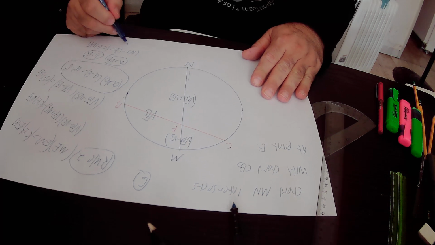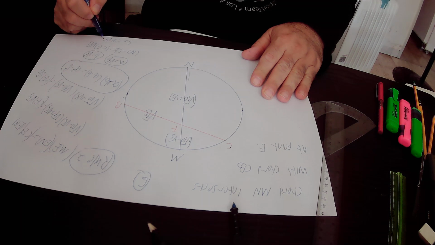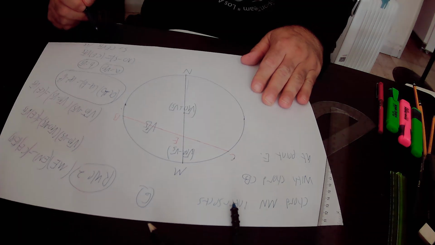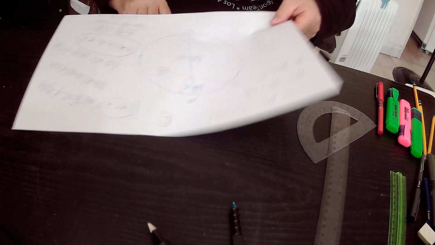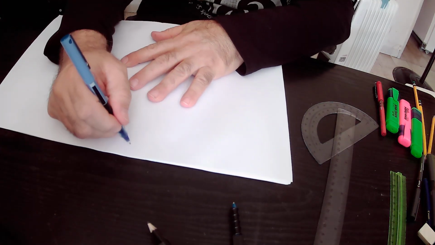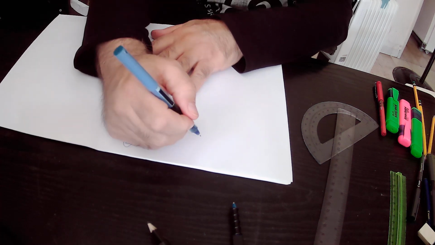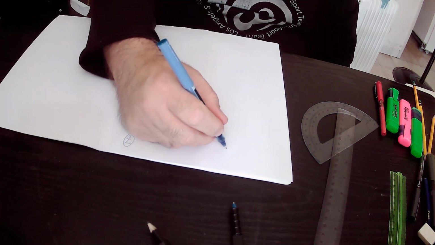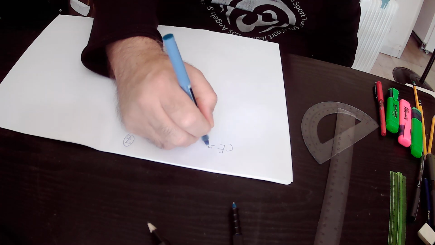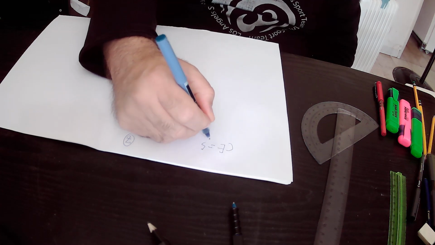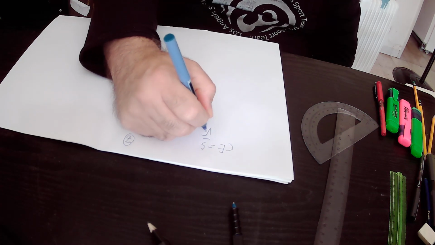10 minus 5 is 5, so 5 equals CE times square root of 15. Here we will divide this equation by square root of 15, and we will get that CE equals 5 over square root of 15.